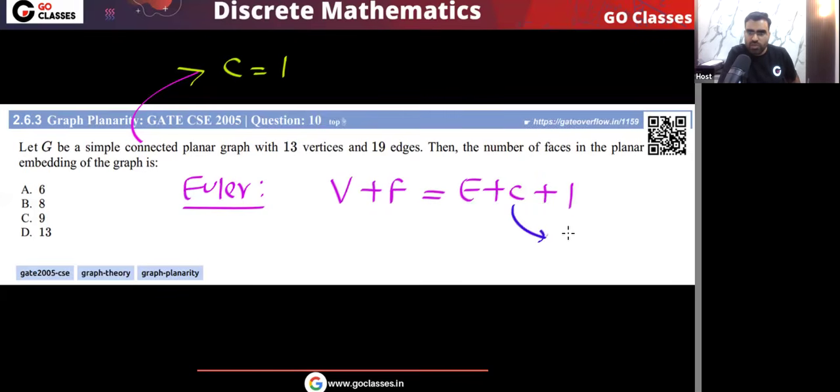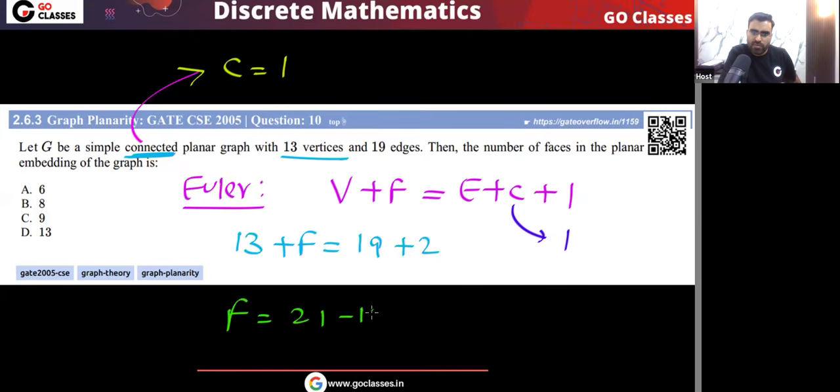This C value is already 1 because the question says it is a connected graph. So 13 vertices are given to you. 13 plus F is equal to 19 plus 2. And the F value will be 21 minus 13, and that will be 8. So for this question, the answer will be option B.